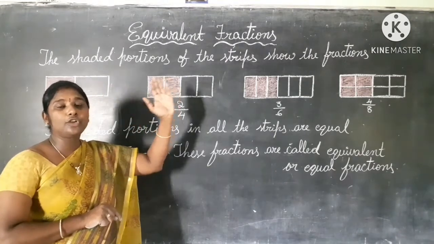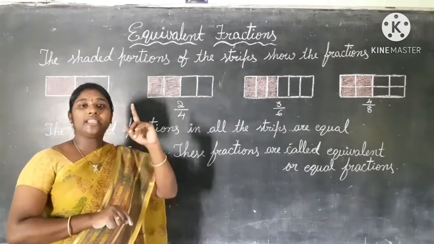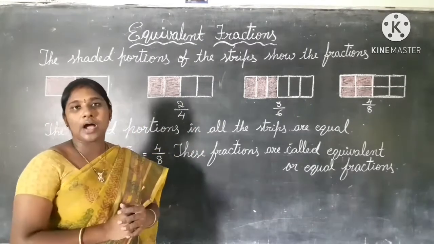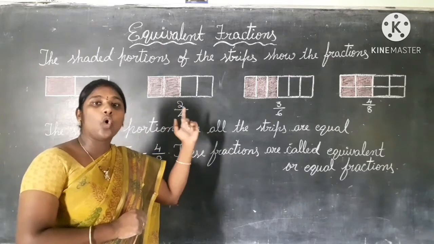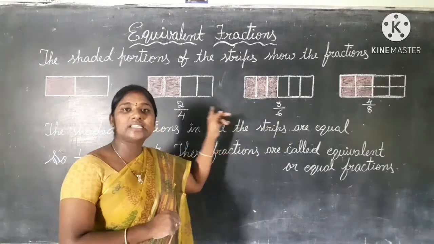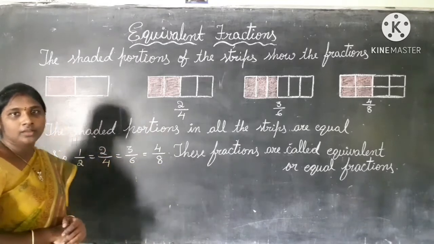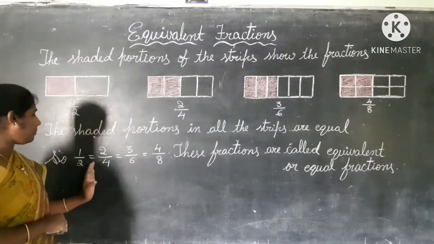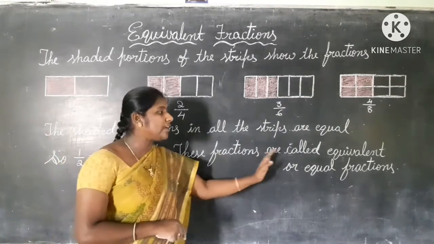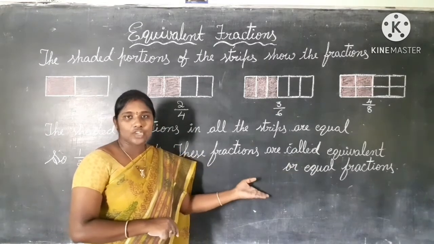The strips are divided into parts, however many parts, but they shaded only half of the strip. That's why these are all equal. So these types of fractions are called equivalent fractions. See, these are 1 by 2, 2 by 4, 3 by 6, 4 by 8. These fractions are called equivalent fractions or equal fractions.